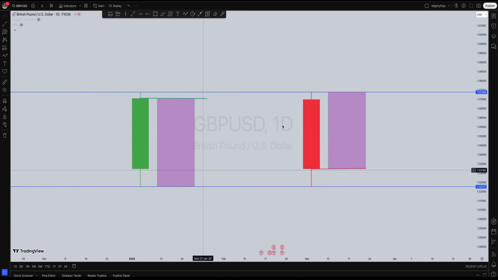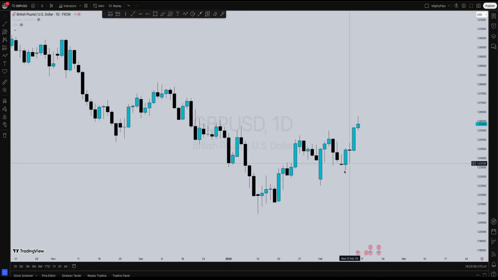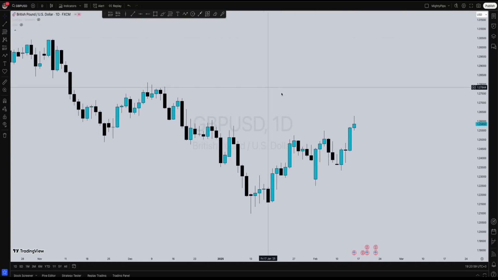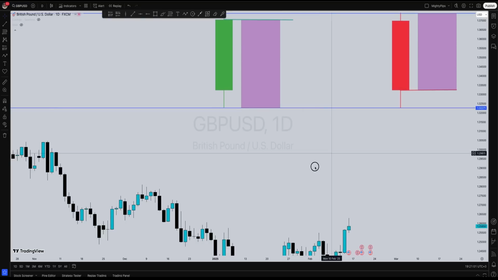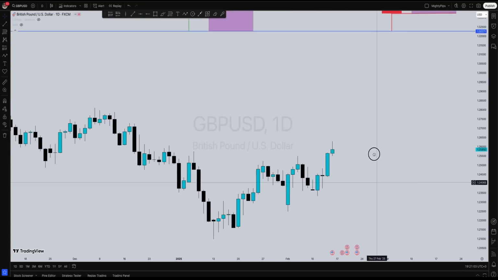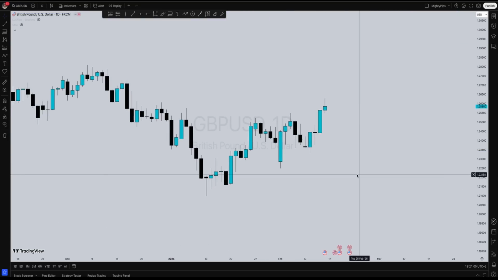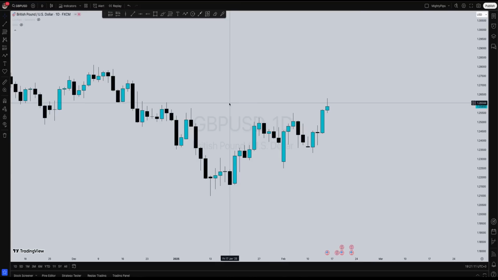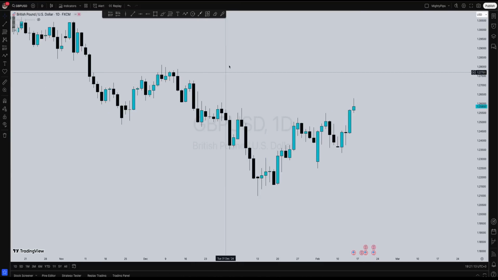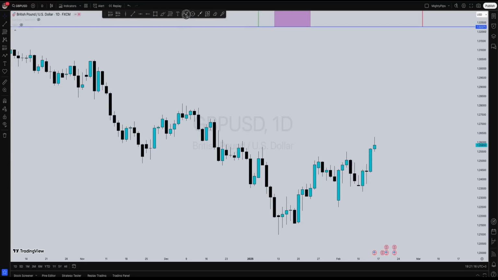So the final thing I wanted to explain to you guys is this. When you're trading this candlestick strategy, let me show that on a live chart right here. This is the chart for GBP USD. When you're trading this strategy, make sure you are trading in the direction of the general prevailing market trend. What do I mean? If the market is creating lower lows and lower highs, make sure you are trading in that direction.